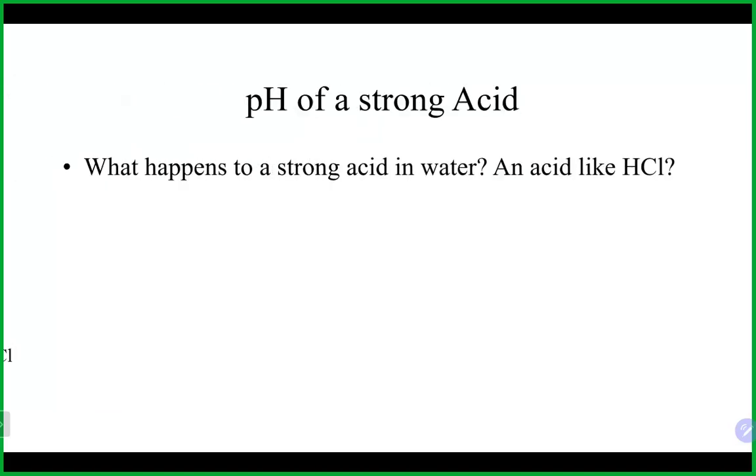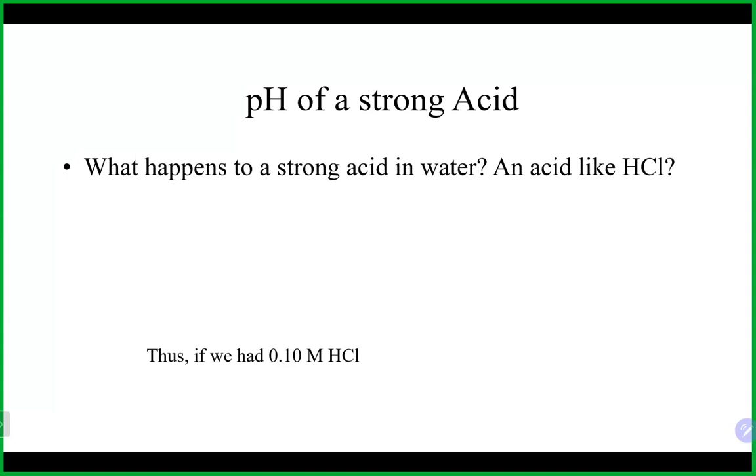Okay, then let us talk about the pH of a strong acid or even literally a strong base. And in some cases, you may be given not just a generic sort of concentration like H plus or H3O plus or OH minus, but you may actually be given a formula for an acid or a base.